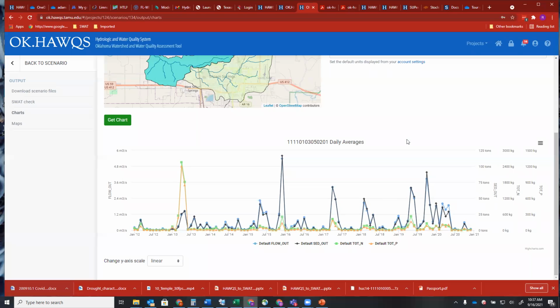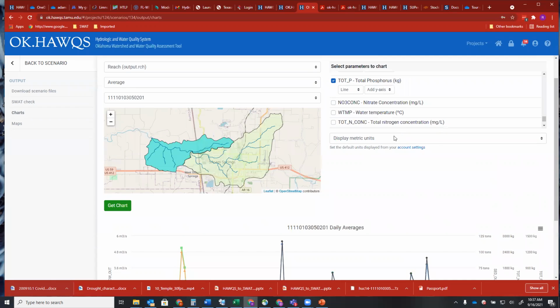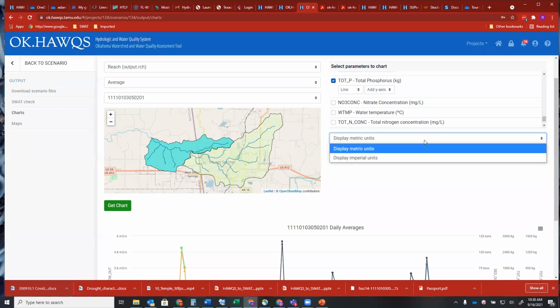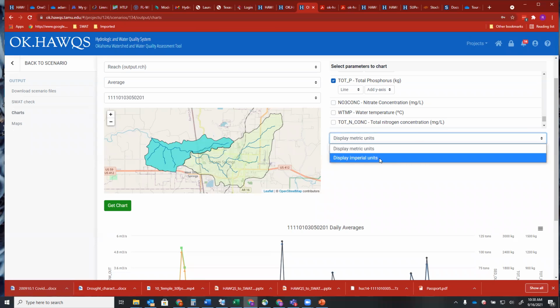Okay. Let's say you want to change this. I'm not a metric guy. All the inputs going to SWAT are always in the metric system, meters, square kilometers, hectares, and whatnot. Whereas the output can be requested in both metric or English system. Okay, English units.